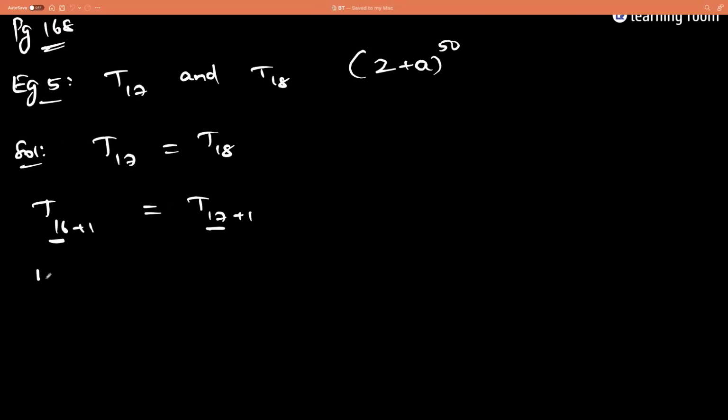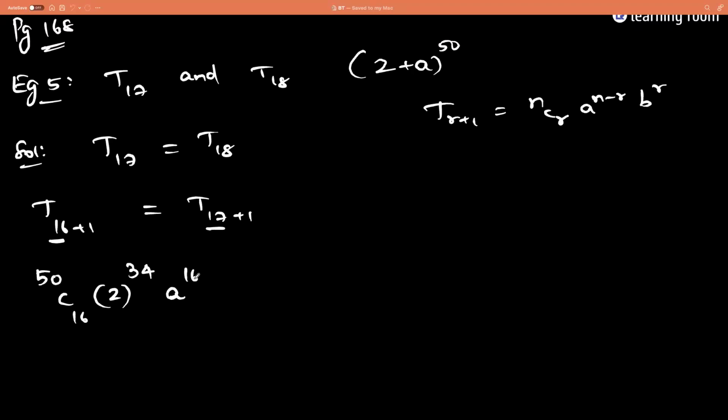So tell me, how should I write the general term? nCr, because T r plus 1, what is the formula? nCr into a power n minus r into b power r. So T16 plus 1, we can write as 50C16 into 2 power 50 minus 16, that is 34, into a power 16.